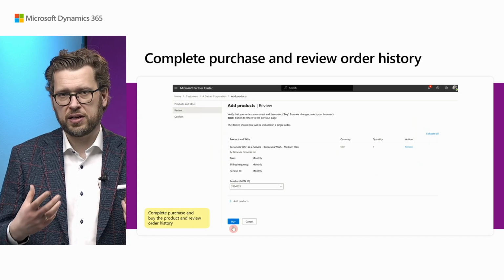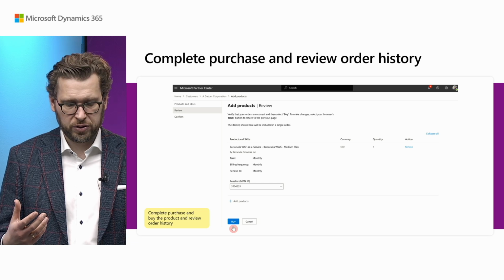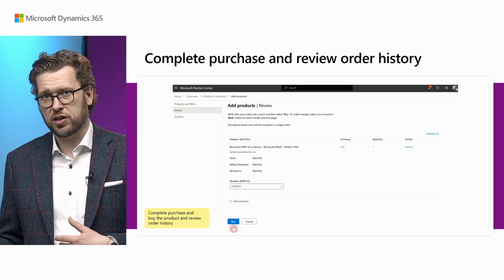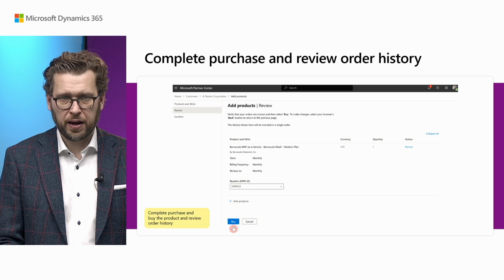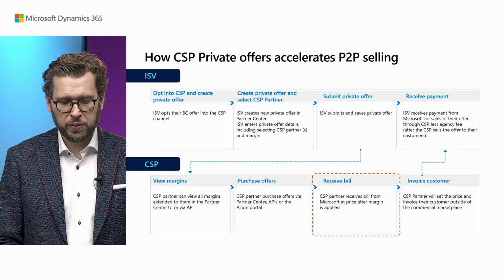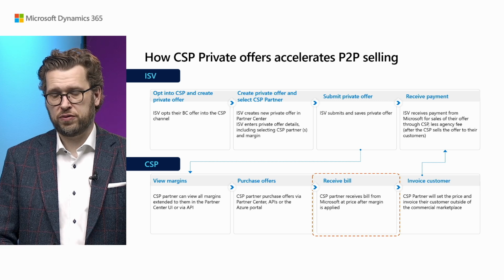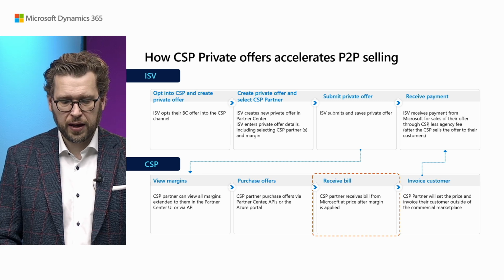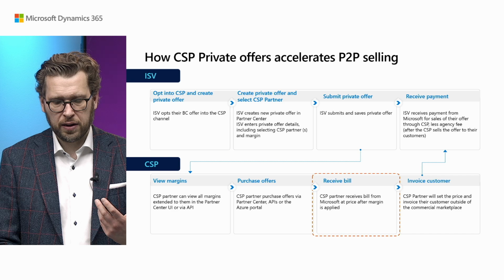And basically what that does is that it will transfer the licenses to the customers. And then you as a partner will be billed, right? And you will be billed by Microsoft, and of course with the price after the margin is applied.